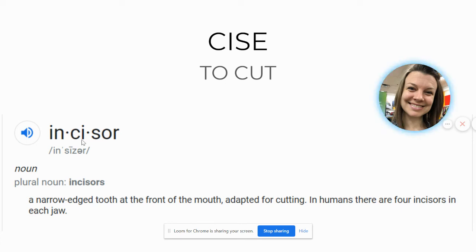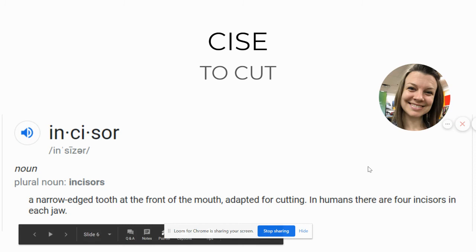So C-I-S. These are actually teeth that you have in your mouth, okay? You have teeth that are specialized in cutting. These are the teeth that your hamburger first encounters. As you put your hamburger in your mouth, your front teeth are used for cutting a bite out of that hamburger. Okay, so those teeth are called incisors.